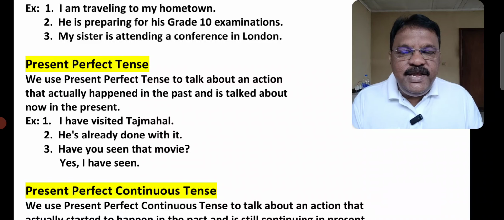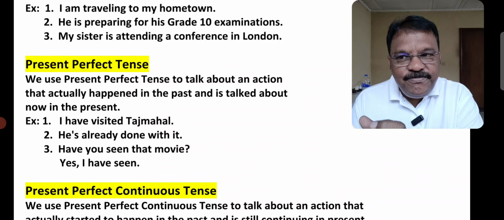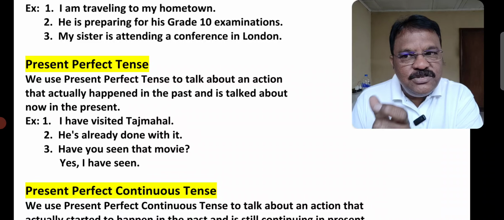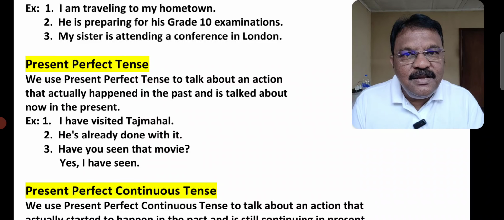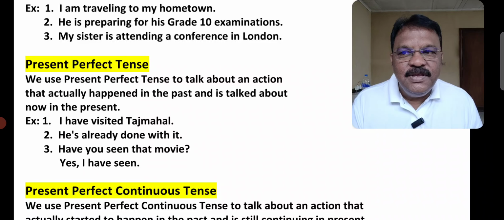"He's already done with it." My dear friends, "he" is the subject, and after "he" there is an apostrophe, and we have used the letter S. If these two words are combined like this, there are two words, "he" and "has."